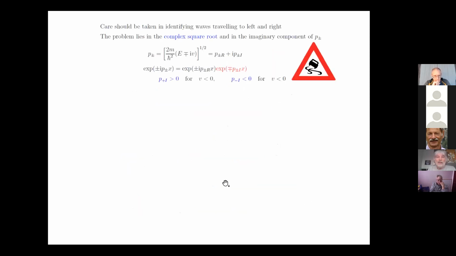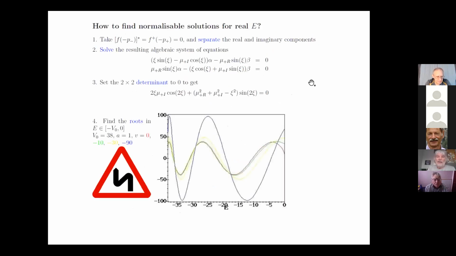Okay, here some care should be taken, because if you are looking at these exponential factors, then as I said, what will determine the asymptotic behavior will be the sign of the imaginary component of the P plus and minus quantities. Okay. Now, how can we find the normalizable solutions for this P?